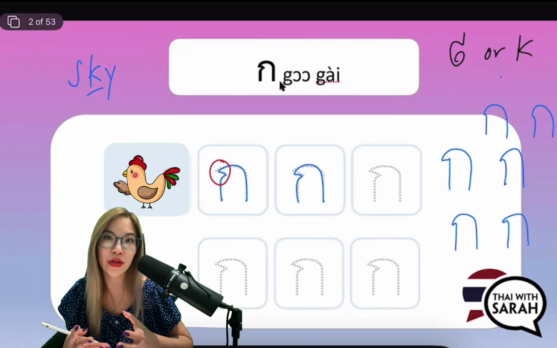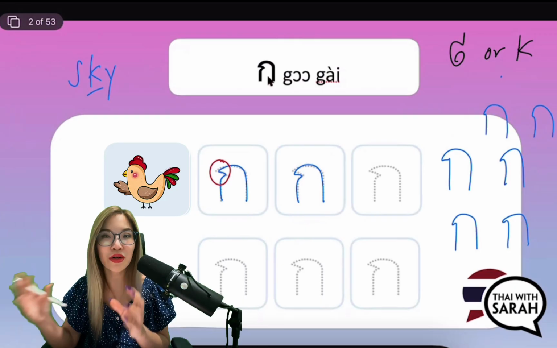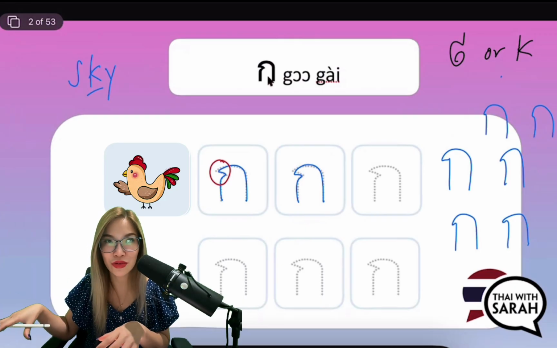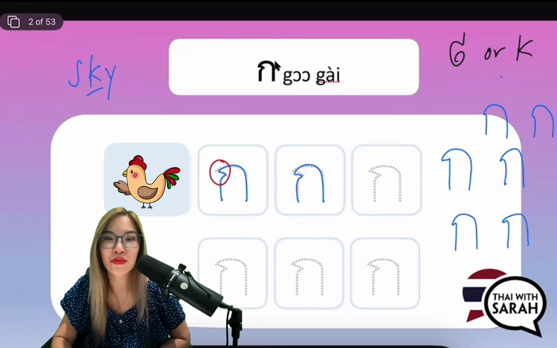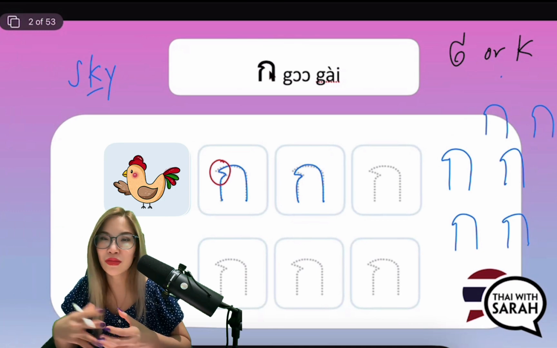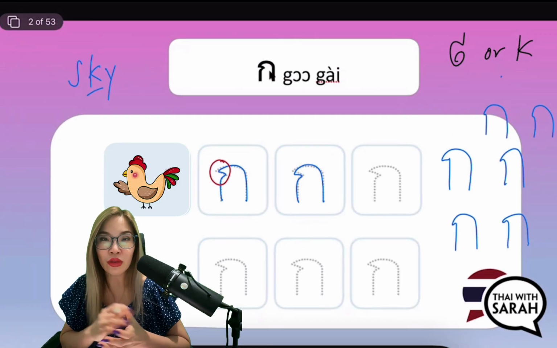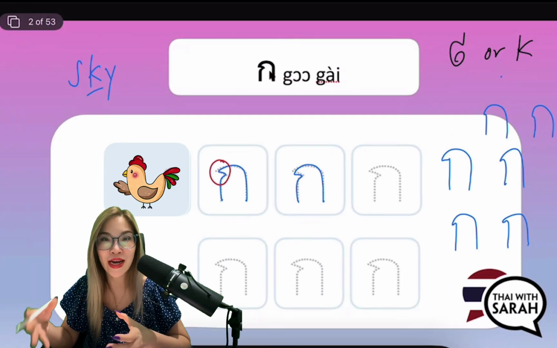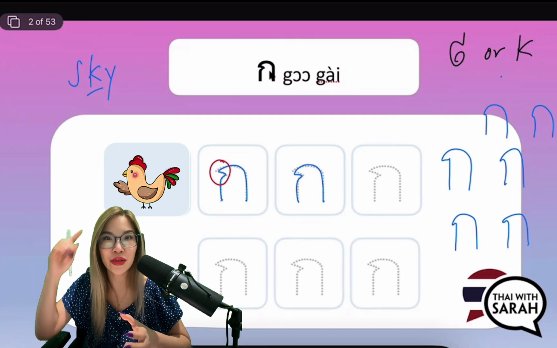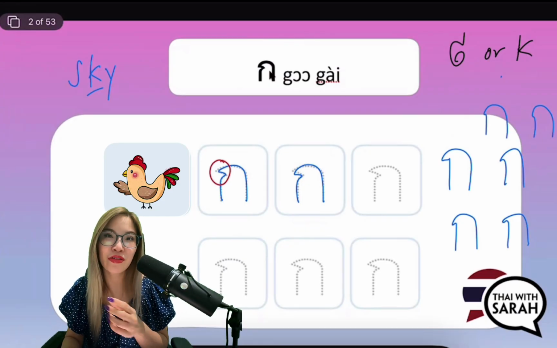The goal here is to remember the sound so that we can use this consonant combined with vowels and read the Thai script. If you cannot remember it as the g sound and only remember it as chicken, that doesn't help you. I hope that makes sense. But if you remember it as go gai, and you know that gai means chicken, the word gai itself will help you remember the g sound.